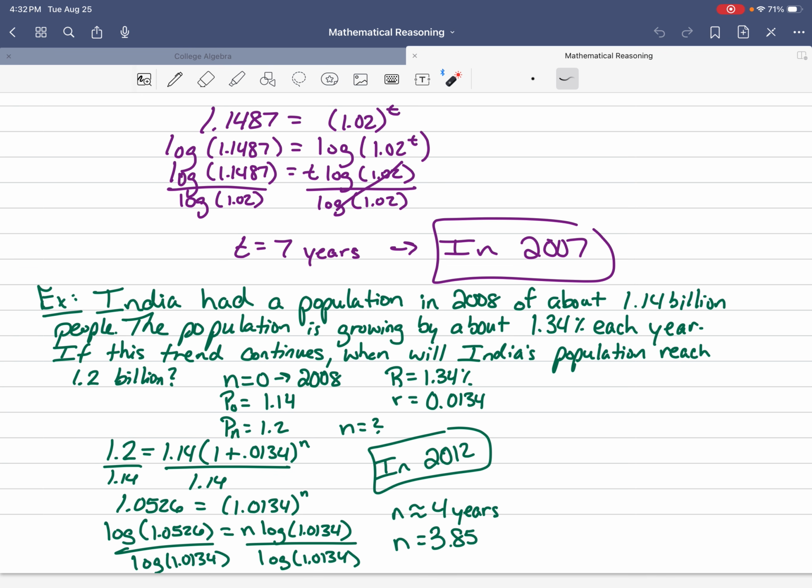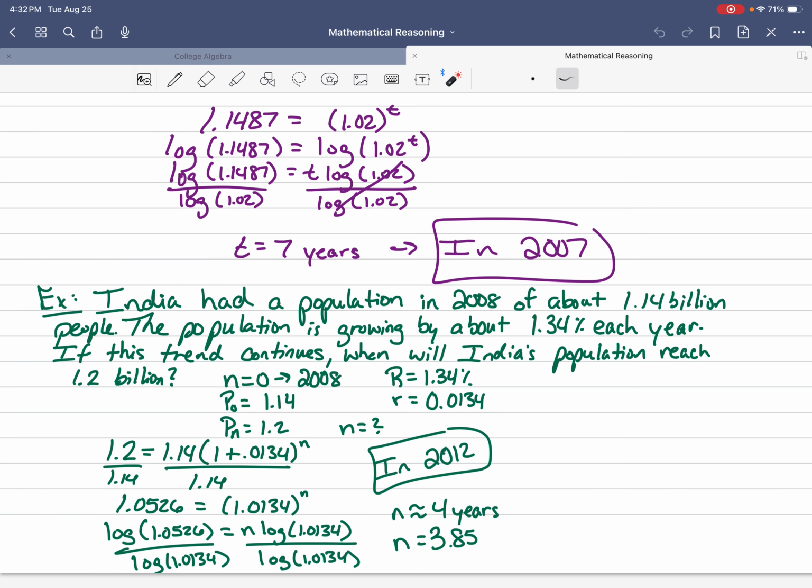So, some information that we're able to pull from this. 2008 is our first year, so that's n equals 0, our original year. Our rate is 1.34%. That came from here. Remember to divide this by 100 to get your little r, which is the rate as a decimal. So that'd be 0.0134. P of 0 is your original population.